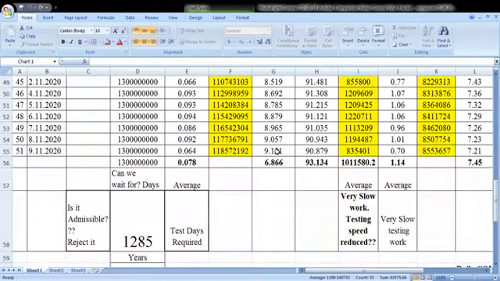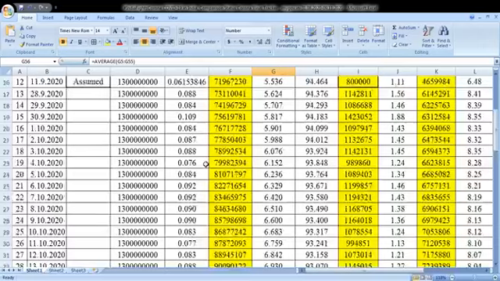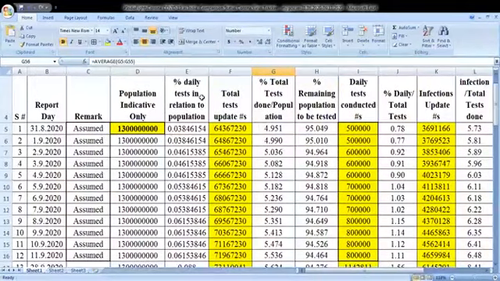You see, 9.121 today. The average is 6.8 on an average. Otherwise you can say this is the percentage of daily tests in relation to population. We have a 130 crore population, and total test done per population per day is this one.